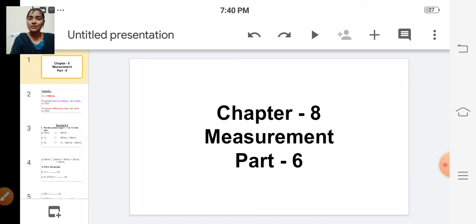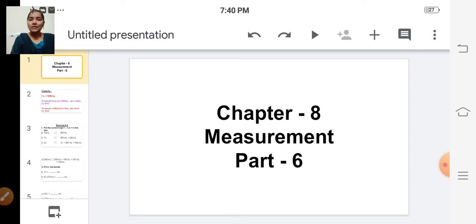For that we need to know, in 1 liter how many milliliters will be there? In 1 liter 1000 milliliters will be there, right? So 1 liter is equal to 1000 milliliter.